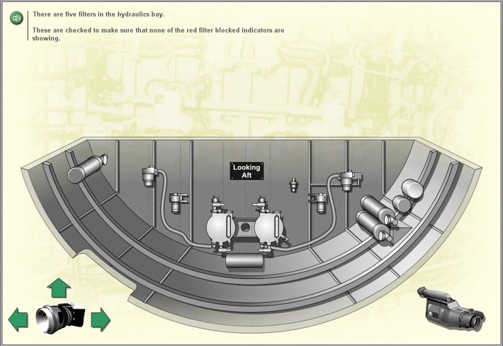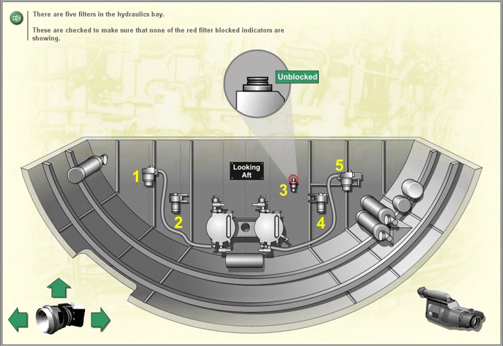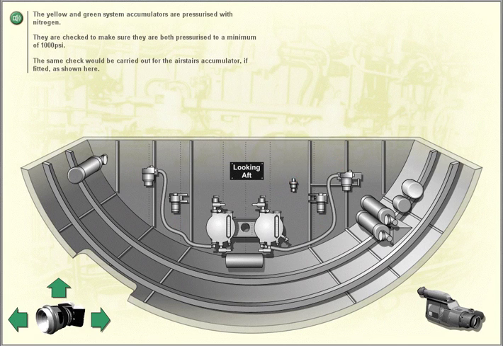There are 5 filters in the hydraulics bay. These are checked to make sure that none of the red filter blocked indicators are showing. The yellow and green system accumulators are pressurized with nitrogen.